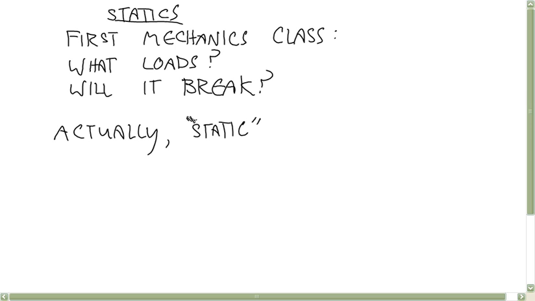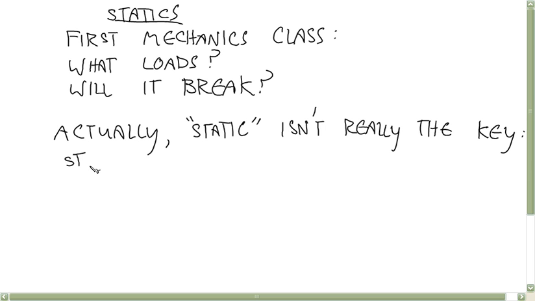So what does static mean, first of all? Not moving. And the class is called statics, but the fact that objects are static is not really the key to this class. For example, if something's in static equilibrium, Newton's second law and the rotational version of Newton's second law look like this.